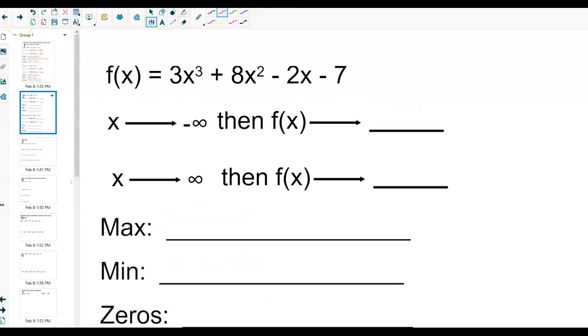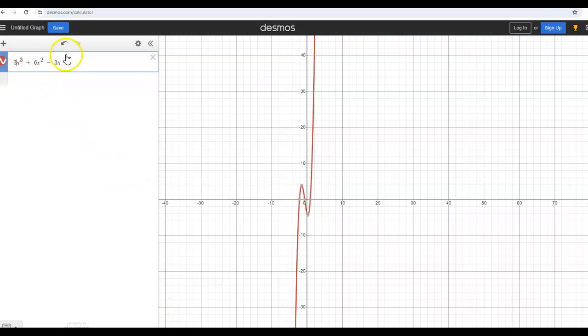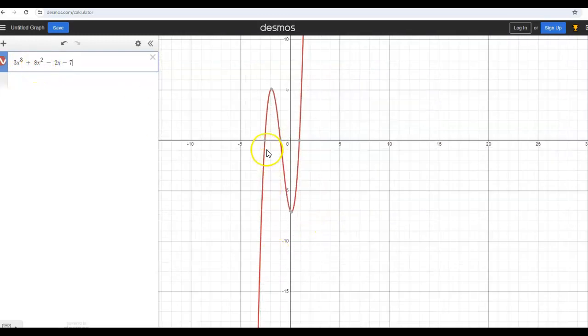All right, as I move to the next page, I'm going to plug this equation into my Desmos calculator. So this one is 3x squared plus 3x cubed plus 8x squared minus 2x minus 7. All right. So in this case, as x goes to negative infinity, y goes to negative infinity.